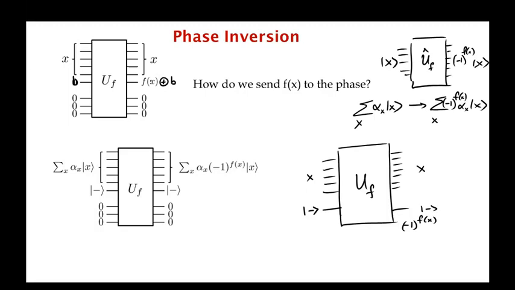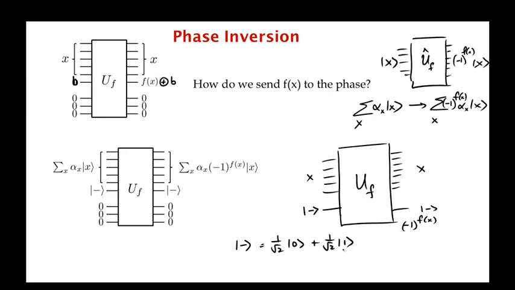So remember, what u sub f does is it toggles the output bit, the answer bit, if and only if f of x equals 1. So if f of x equals 0, it leaves the output bit alone. If f of x equals 1, it toggles it, it switches it. So now what does it do to the minus state? Remember, minus is 1 over square root 2 0 minus 1 over square root 2 1.